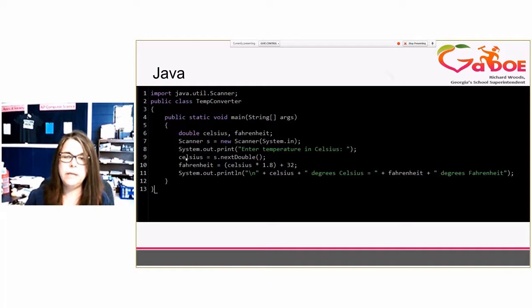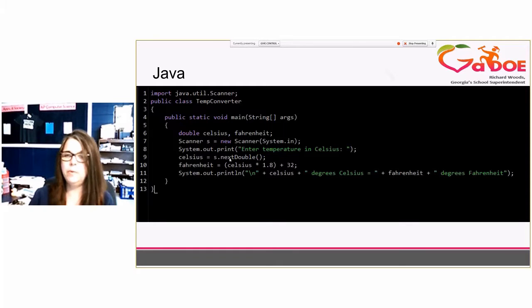Here's what we prompt them for, then we collect the information and put it in the variable for Celsius, and then we calculate Fahrenheit, and then we print out the concatenated result. So once again, we have Celsius, however many Celsius degrees, equals however many calculated Fahrenheit degrees.